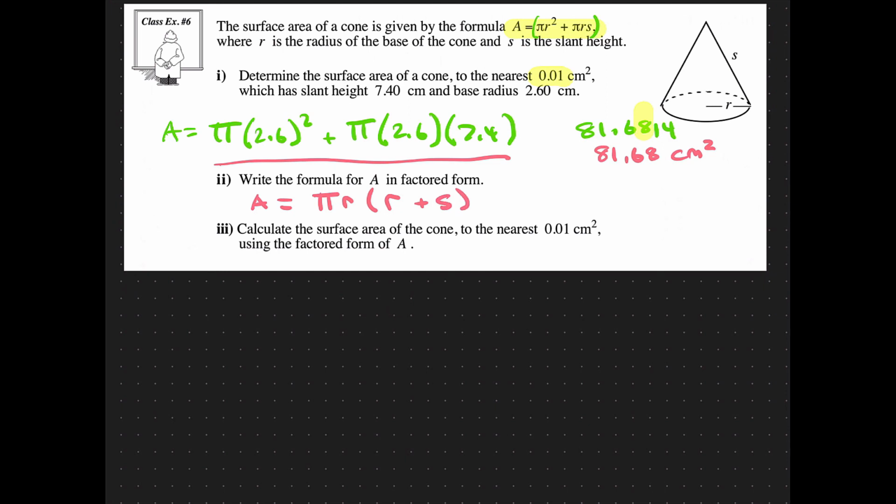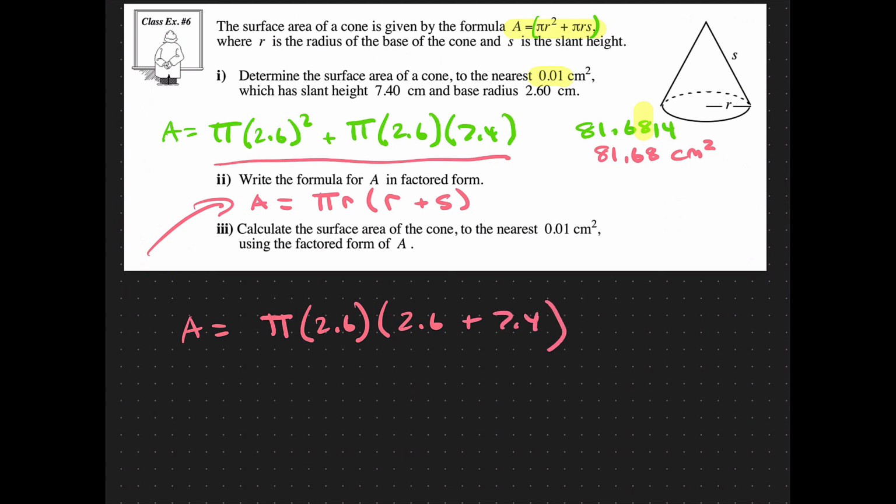So now part 3 is saying calculate the surface area of the cone to the same precision, except using this factored form that we just created right here. So I will do that. Area equals pi times r, and r was 2.6, and times an r inside, which is going to be 2.6, plus the s, which is 7.4, and close the bracket.